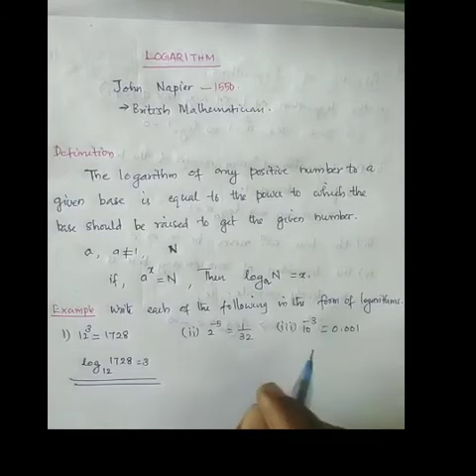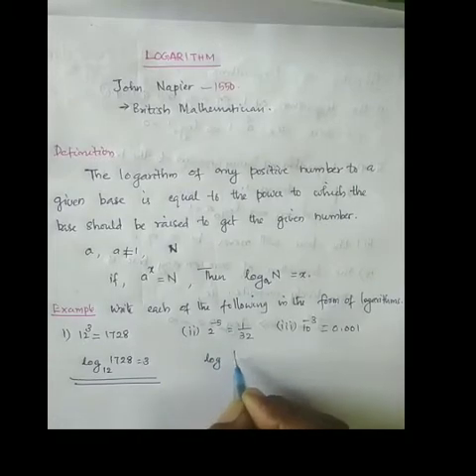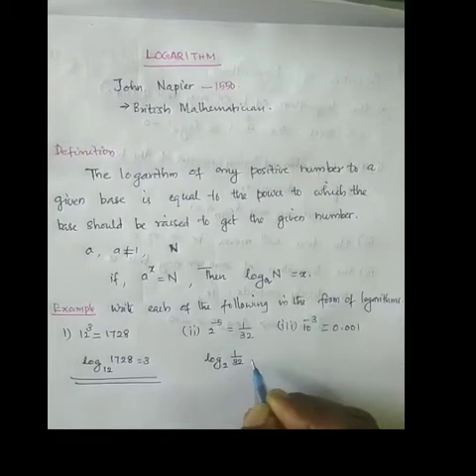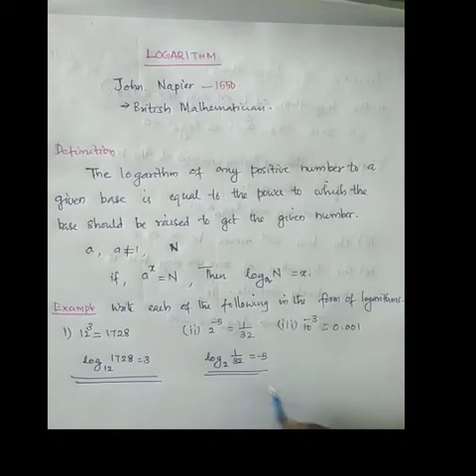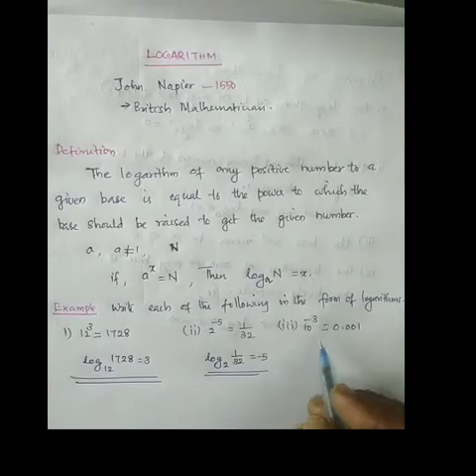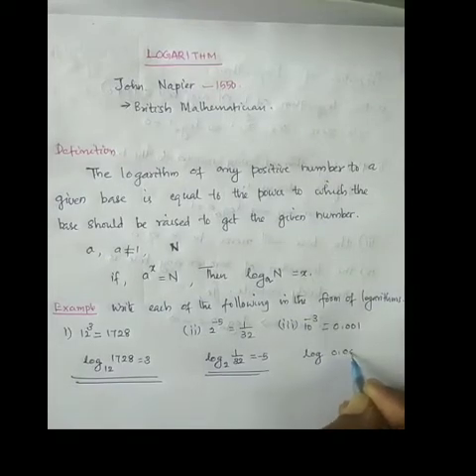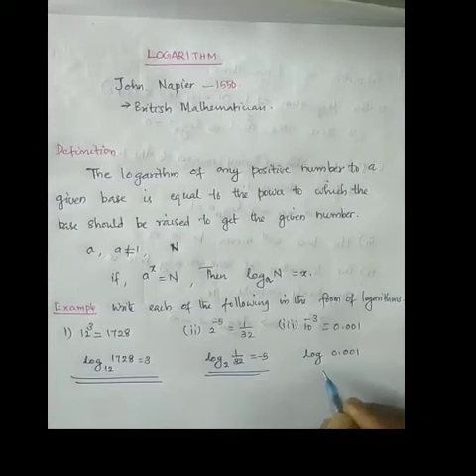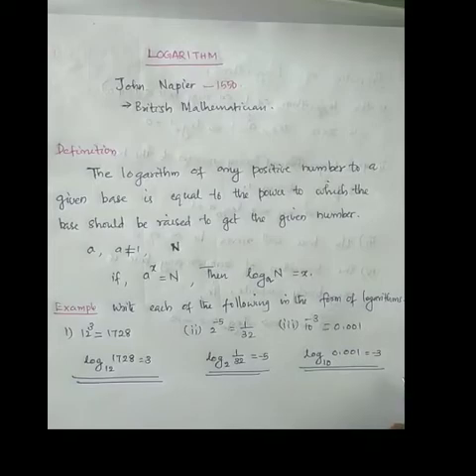Using the same definition, we can write this as log 1 by 32 to the base 2 equals minus 5. Similarly, what is the answer for 10 raised to minus 3 equals 0.001? It is log 0.001 to the base 10 equals minus 3.